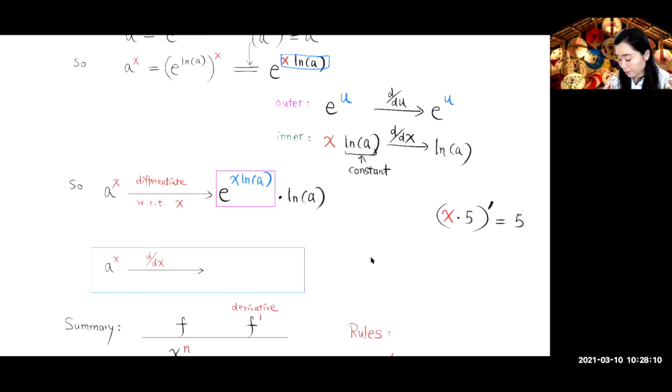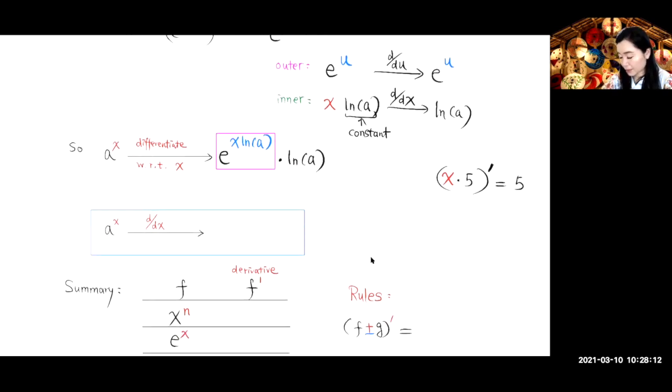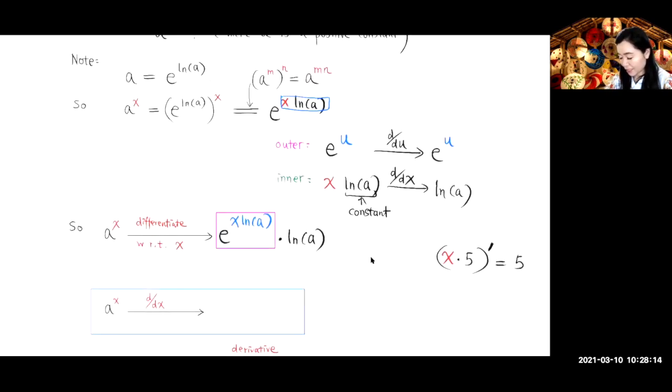Can this be simplified? What is it? e to the x ln a is equal to what? a to the x itself. This is the same as a to the x, so we can replace this by a to the x right here.